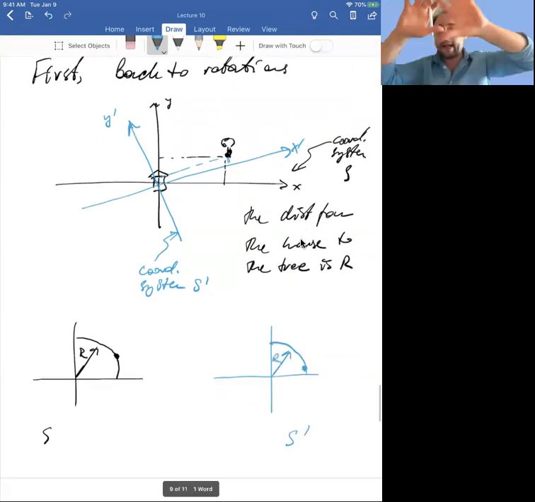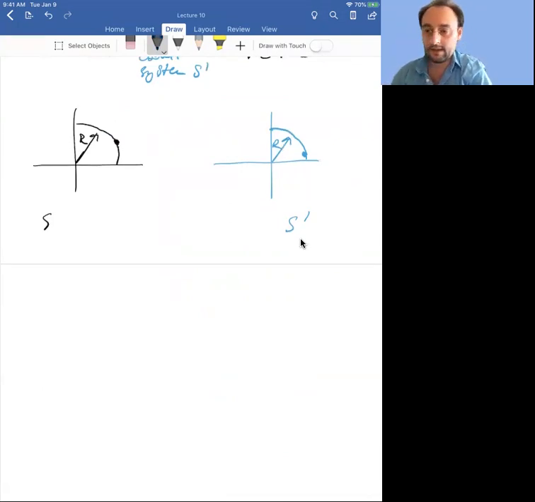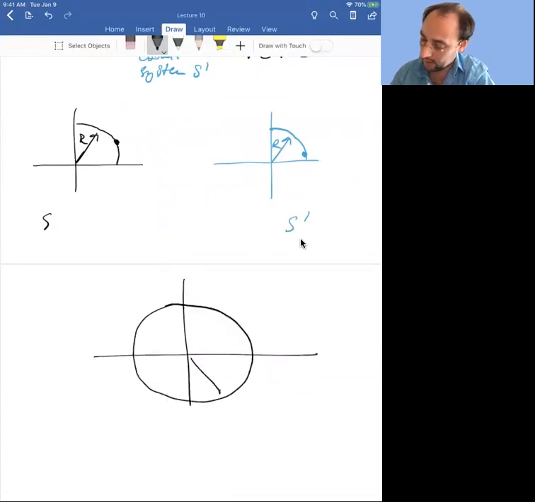So I can sort of look at all of these coordinates together in a sense. Here's the circle of radius r. And depending on which coordinate system you look at, depending on how the coordinate systems are rotated next to each other, that house will be located somewhere on this circle of radius r. Where depends on the angle of the coordinate. Okay, I hope you understand what I'm trying to say.